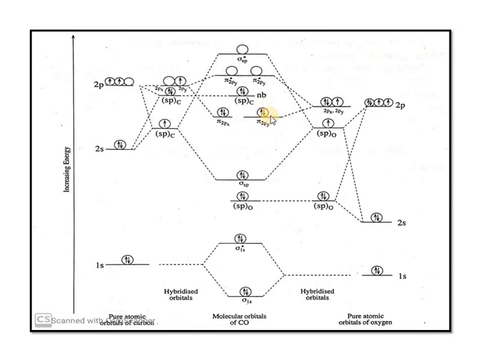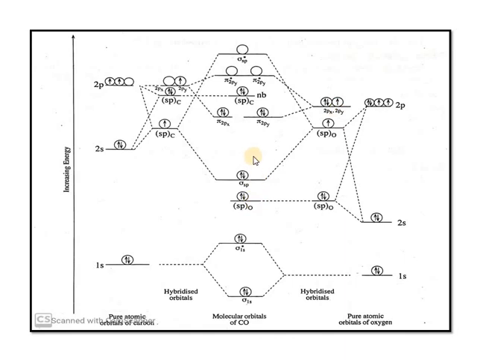So these are the 2px and 2py electrons, and this is a sigma 2sp. How will you make this? One of this carbon and one of these oxygens, we can make sp orbitals of these molecules of carbon monoxide, right?